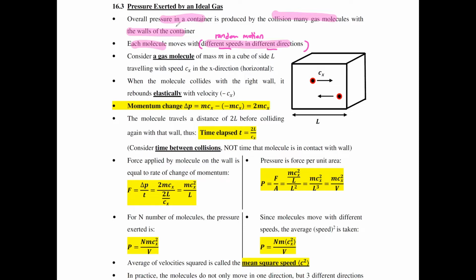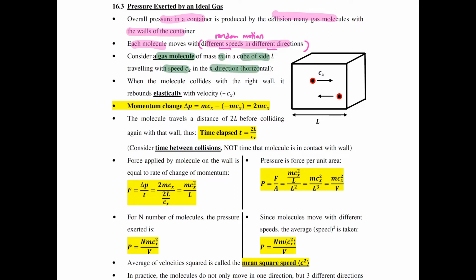All right, so let's just analyze one simple gas molecule first. Consider a gas molecule with a mass of m in a containing vessel that is a cube with side of length L, traveling with a speed of cx in the x direction.